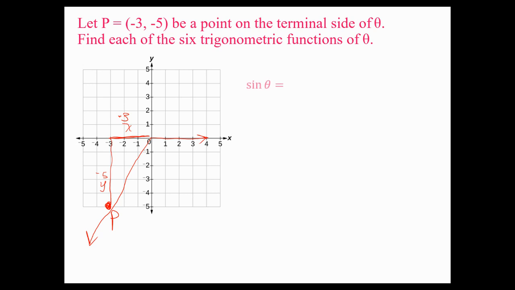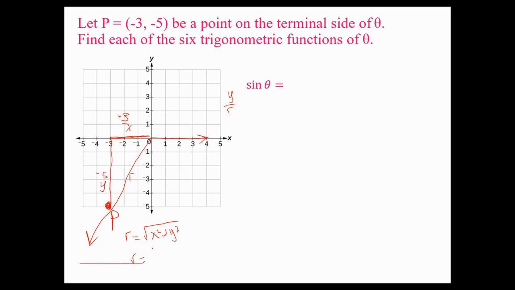So when I'm evaluating my trig functions, I know sine is y over r. We first need to find out what my radius, or my hypotenuse, is. So r is going to equal the square root of x squared plus y squared.